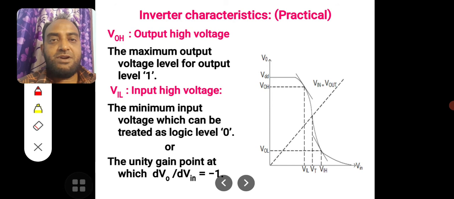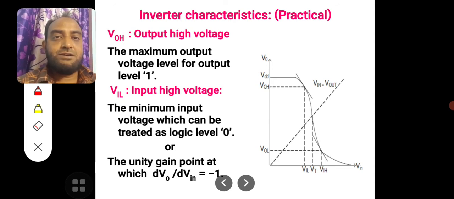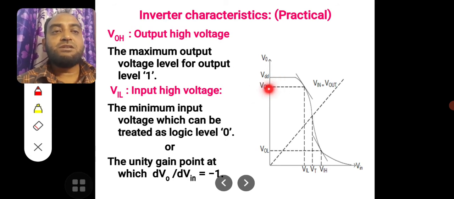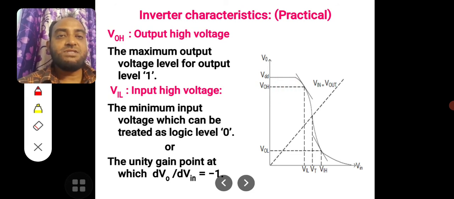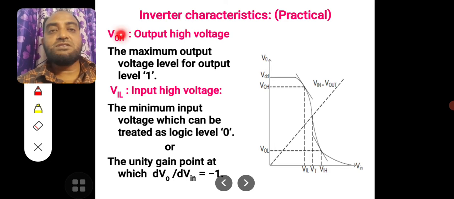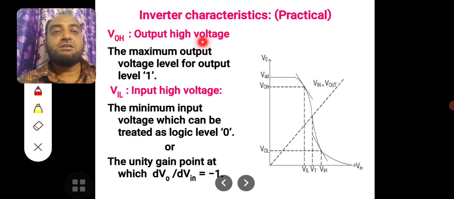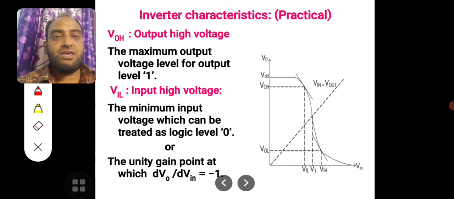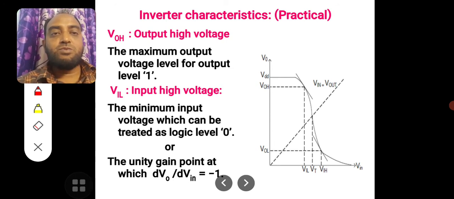So the maximum output voltage for level 1 will be VOH, which is slightly less than VDD. VOH is the output high voltage. VOH stands for output high. That is the maximum output voltage level for output level 1.